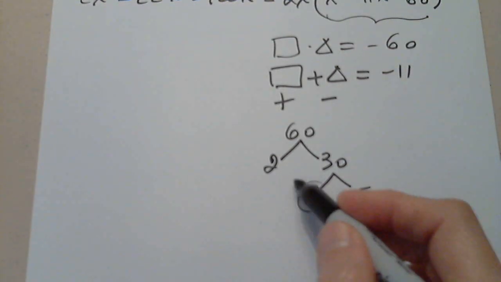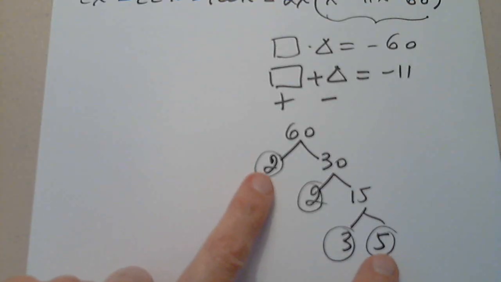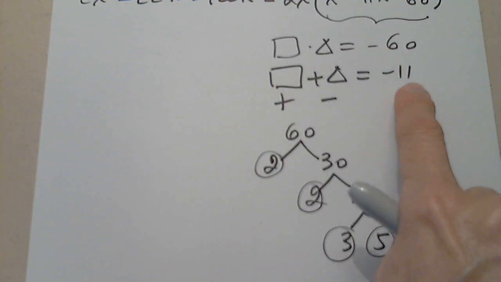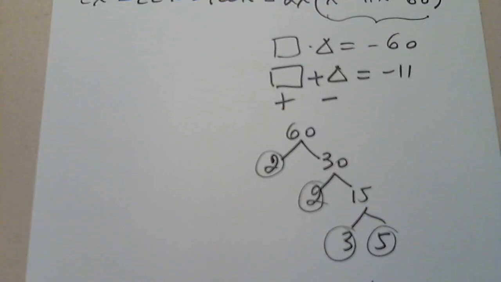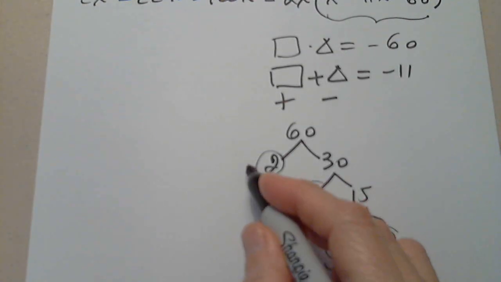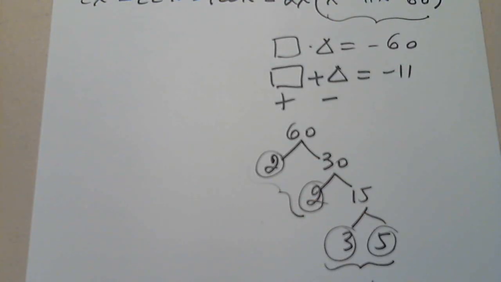So now I have to massage, if you want, these 4 somehow and use all of them and get 2 numbers so that the difference is negative 11. 15 and negative 4.